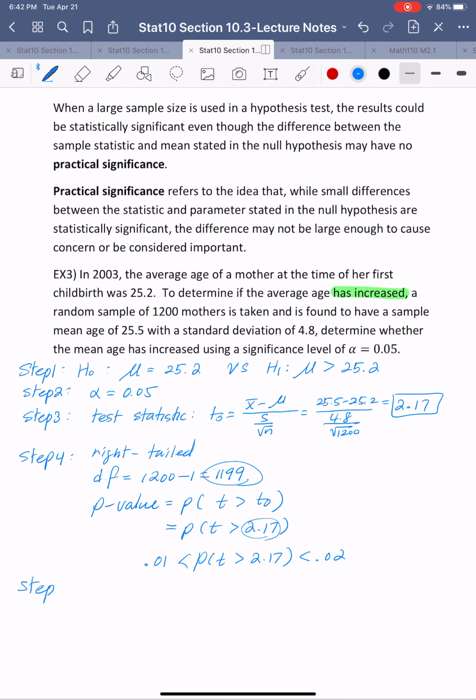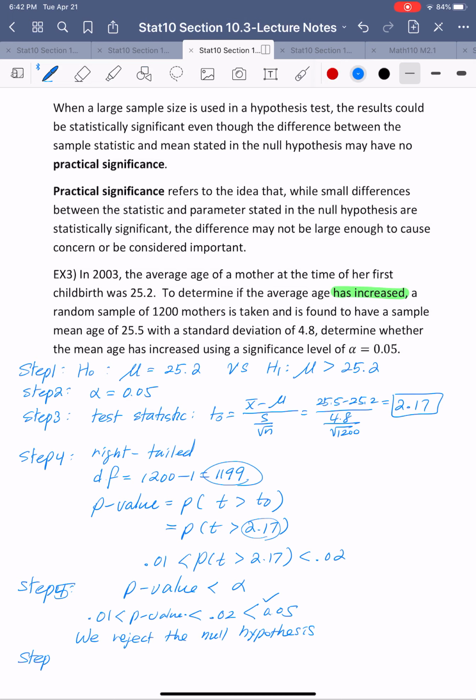So step 5, now we compare the p-value to alpha. So the p-value is 0.02, alpha is 0.05. Yeah, it works, isn't it? So which means we reject the null hypothesis, which means now the age of first childbirth moms is getting older, right?